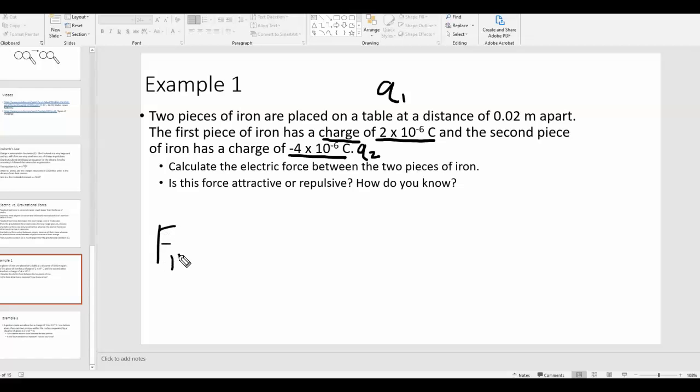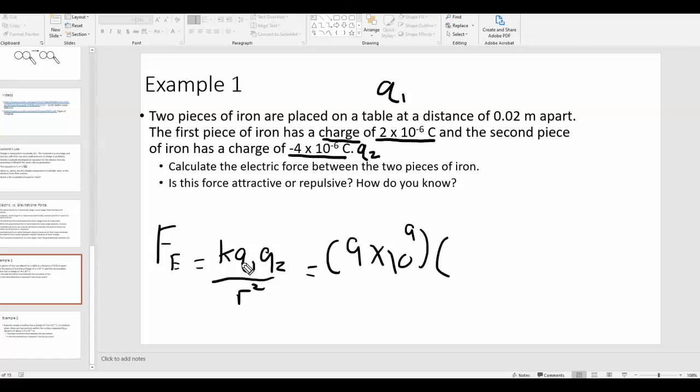Now, the calculation is very straightforward because it's basically just like the last part of the unit. All you're doing is plugging numbers into an equation. Okay, so K is the Coulomb constant. That is 9 times 10 to the power 9. Make sure when you plug this in, you put parentheses around everything. Q1 is going to be 2 times 10 to the power negative 6.